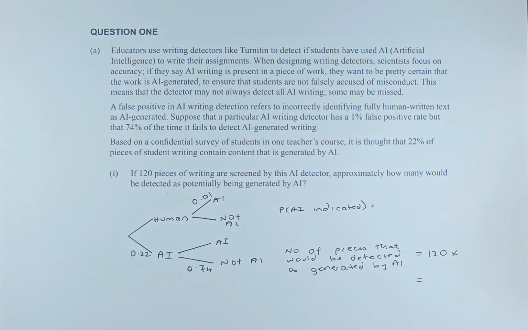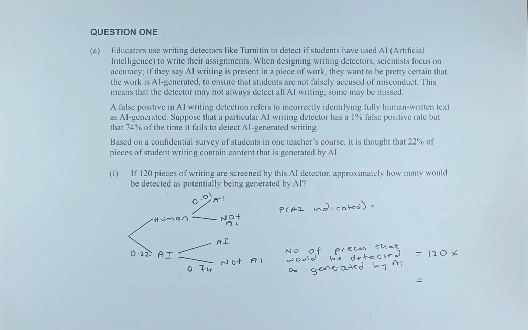Educators use writing detectors like Turnitin to detect if students have used AI to rewrite their assignment. When designing writing detectors, scientists focus on accuracy. If they say AI writing is present, they want to be pretty certain that it is AI generated to ensure that students are not falsely accused of misconduct. This means that the detector may not always detect all AI writing, some may be missed.